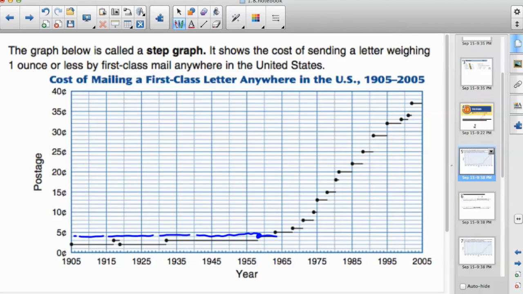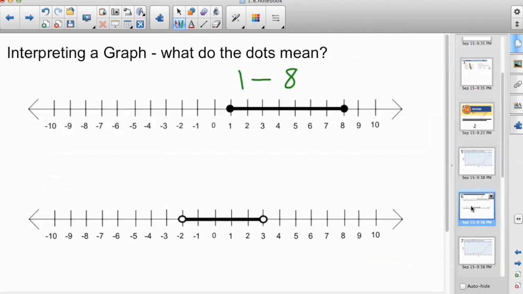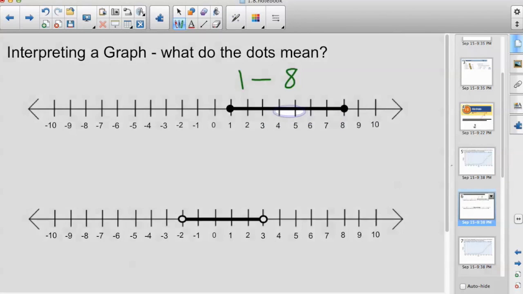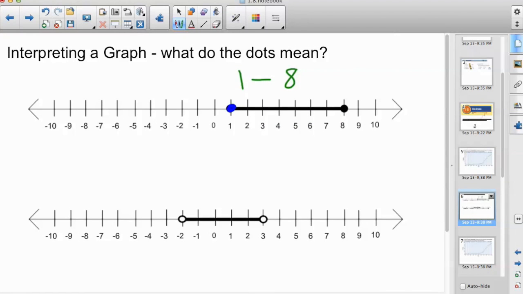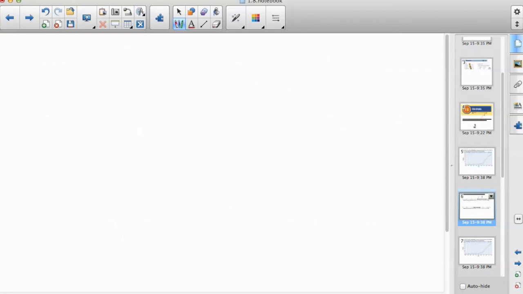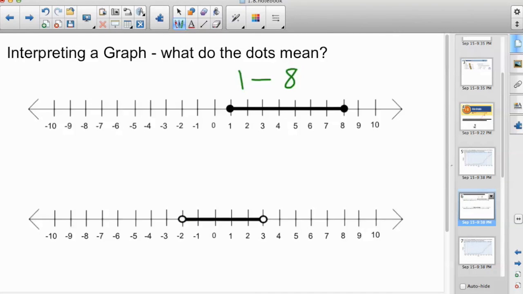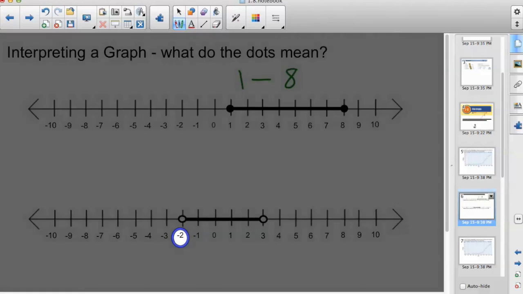Okay, along the vertical axis, to kind of clarify here, this portion of the number line says that we're including 1 and we're including 8. That's a closed dot. In math, when we have an open dot, for instance, down here, we're saying we're looking at all of the numbers very close to -2, but not actually -2.